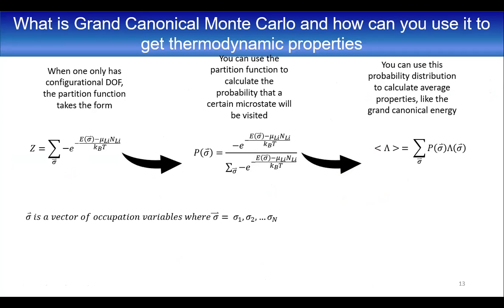After you have that, you can use that probability distribution to get the ensemble average of some thermodynamic variables, like the grand canonical energy, for example.